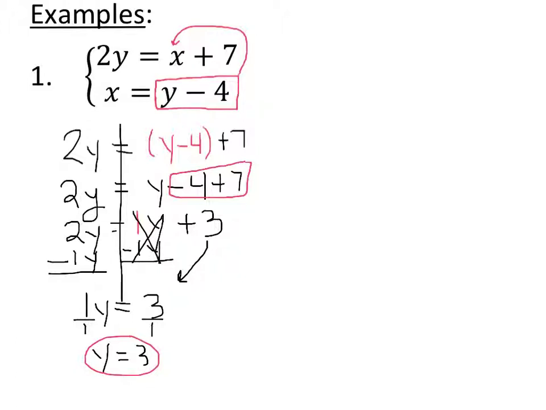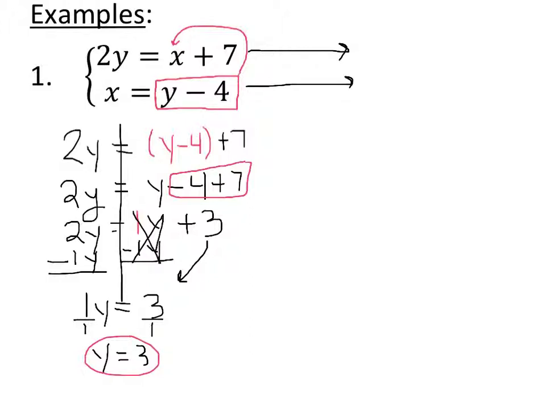The last step says that we need to substitute y equals 3 into either this original 2y equals x plus 7 or into x equals y minus 4.